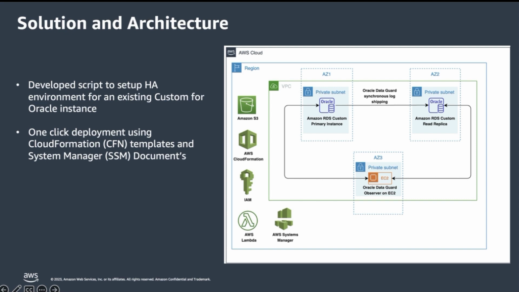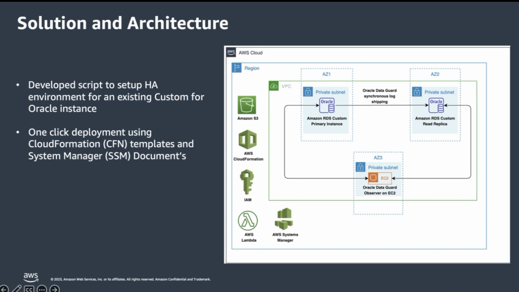Now read replica is just a single API call, so you're using the managed feature, the read replica, and beneath the layer it is using Oracle data guard for setting up the standby. Now we will set up synchronous replication between the primary and standby.